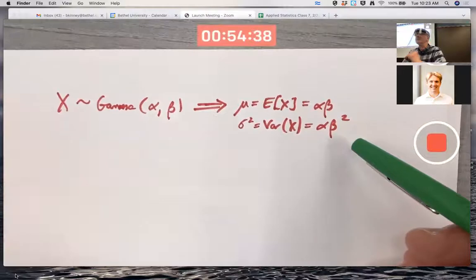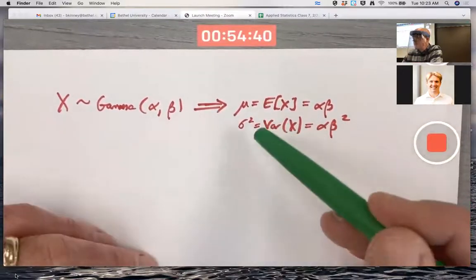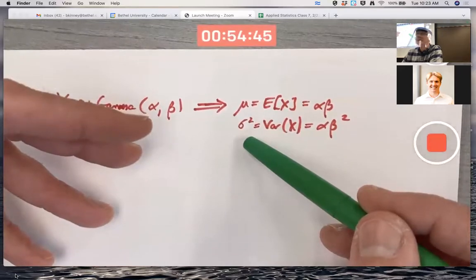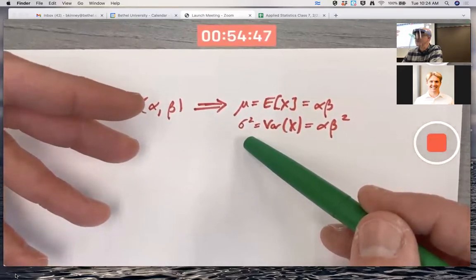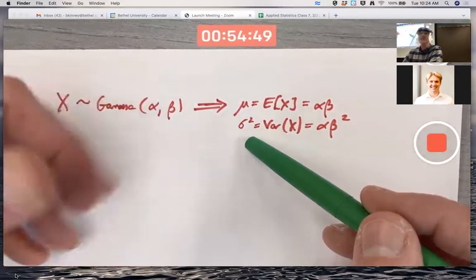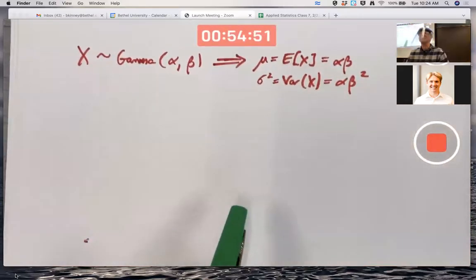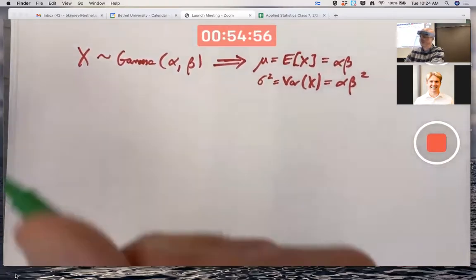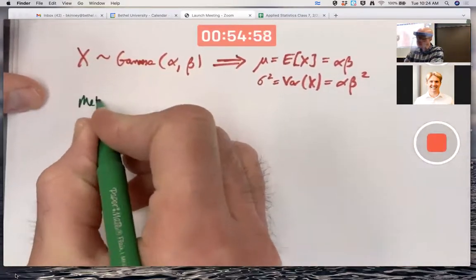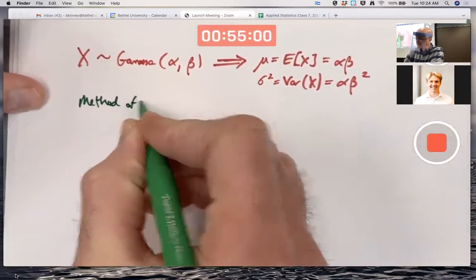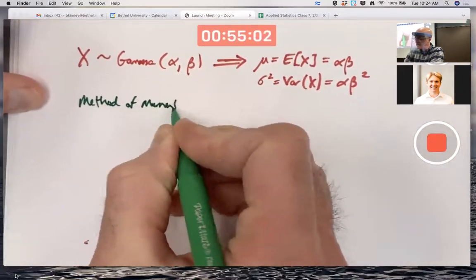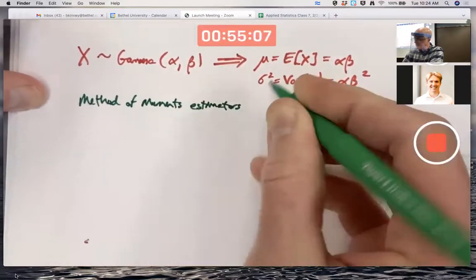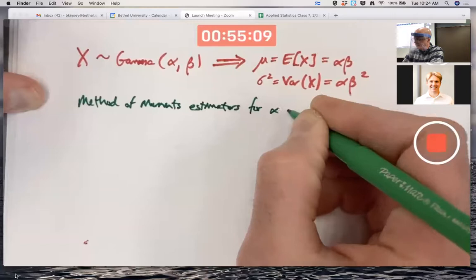It would be useful if I replaced mu and sigma squared with natural estimators for those things based on moments. And this leads to the method of moments. We want to find the method of moments estimators for alpha and beta.